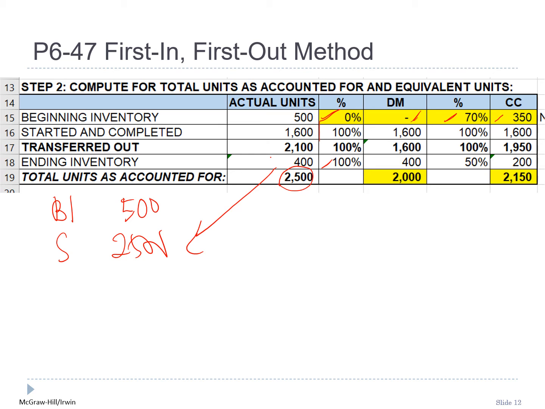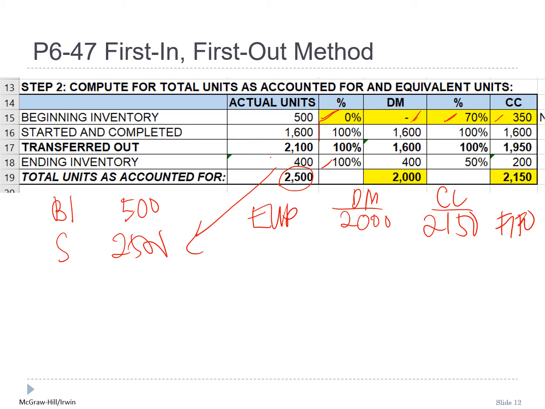The 50% is also given. So 400 times 100% is 400. 400 times 50% is 200. So our EUP for direct materials is 2,000 and for conversion cost is 2,150. So this is the FIFO.